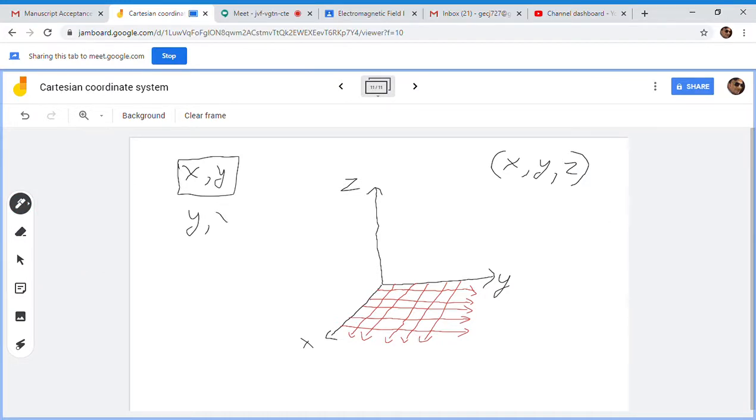Now let us see Y and Z. You will have to move in the Y dimension and the Z dimension. Y dimension is the same thing, so I can go in here as well.